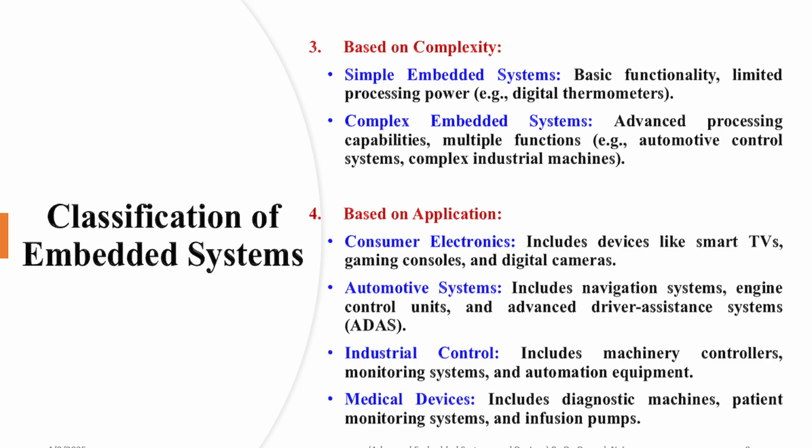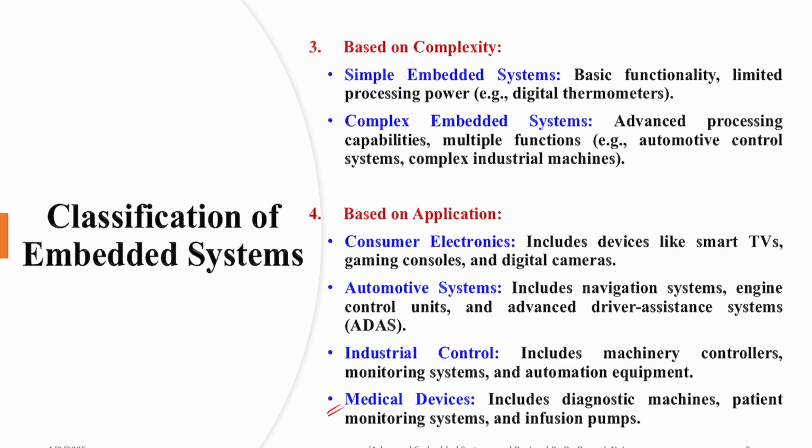Then further, based on application, we can have industrial control systems, which may include controlling of the machines installed in the company, monitoring systems, and automation equipment which are installed in an industry. Generally, in these cases, we use PLCs, programmable logic controllers.